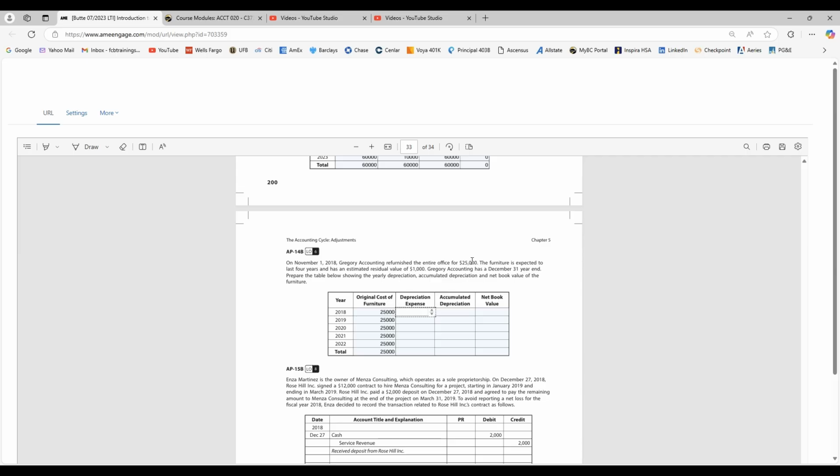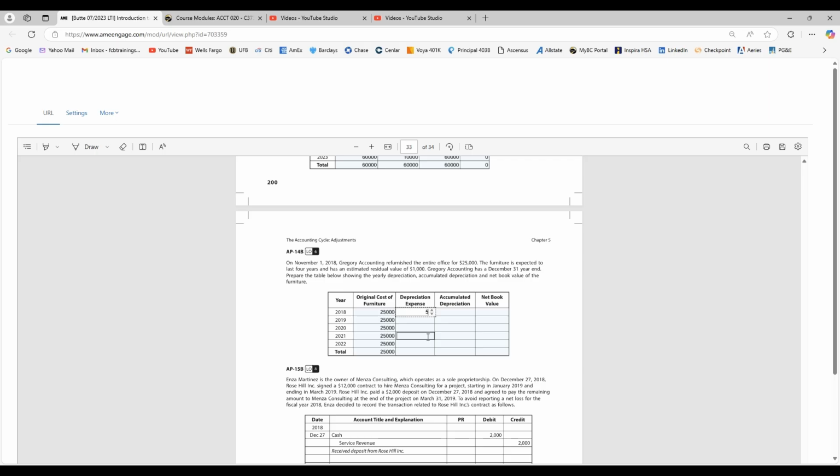So 25,000 cost minus 1,000 residual value gives us 24,000. And then we're going to divide that by, 5 years? No, 4 years. So we divide by 48 months, 4 years times 12 months, and that gives us $500 of depreciation expense per month.